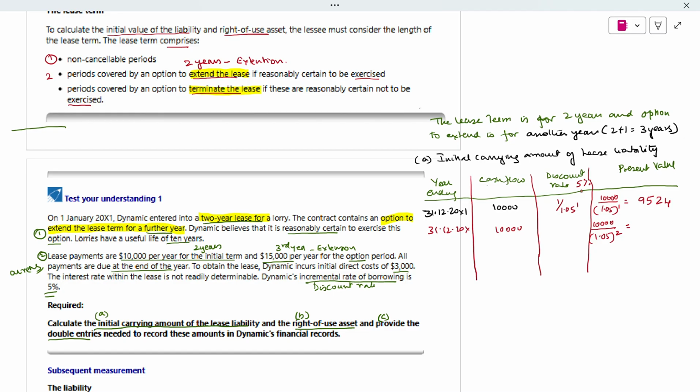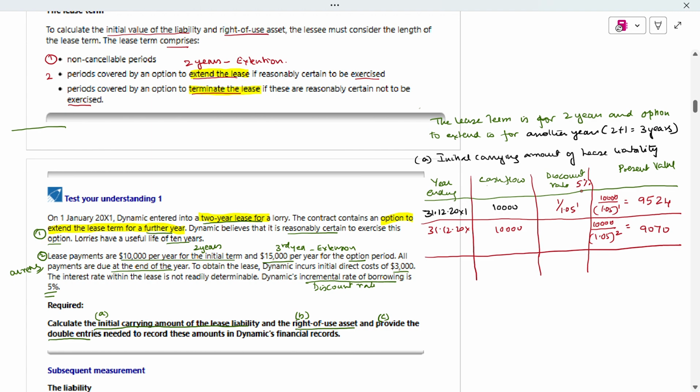10,000 divided by 1.05 to the power of 2. It will be 9070. Okay.